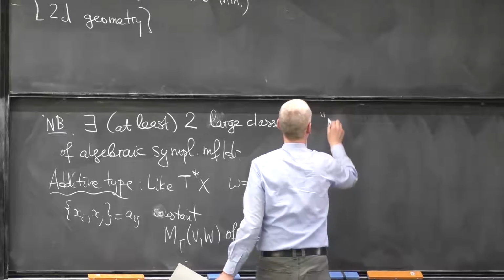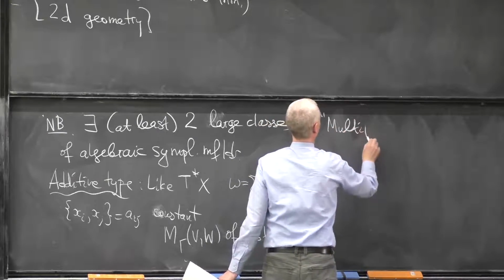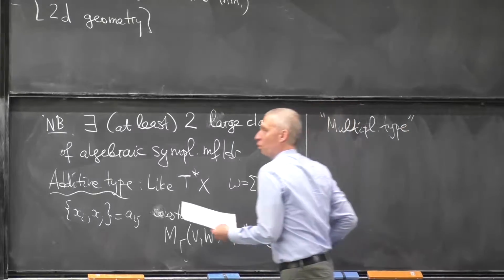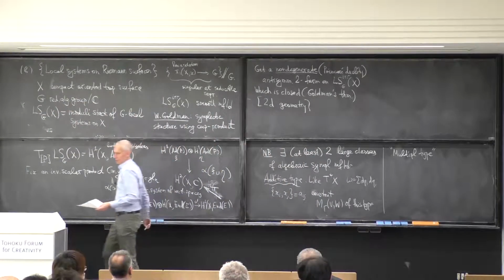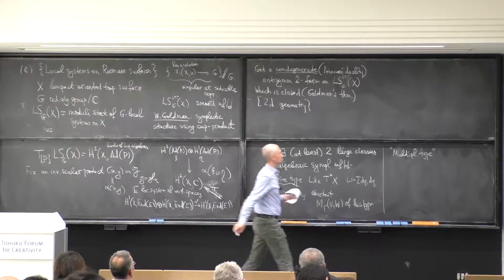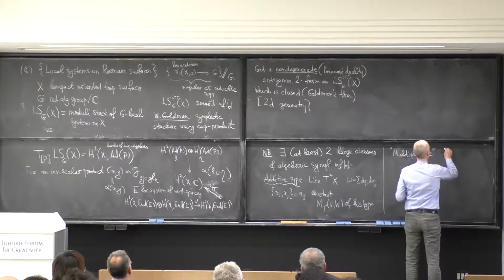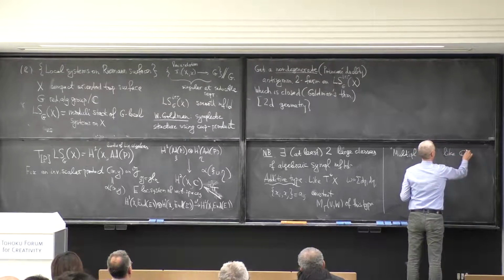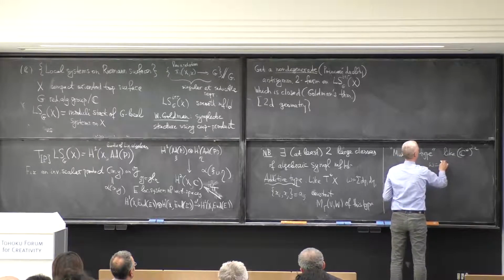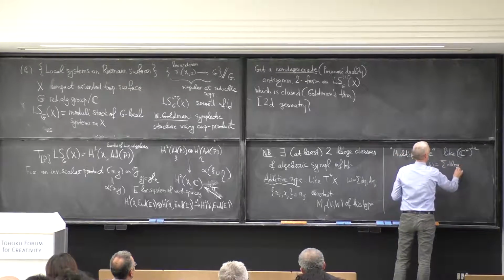And the so-called multiplicative type is like a symplectic torus, like (C*)^n, and the form would be some sum of d log x_i wedge d log y_i.